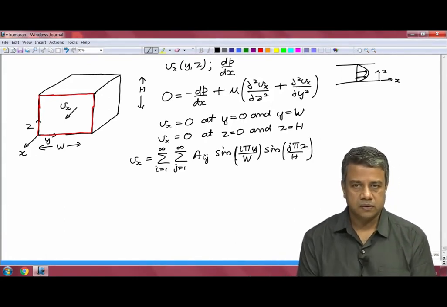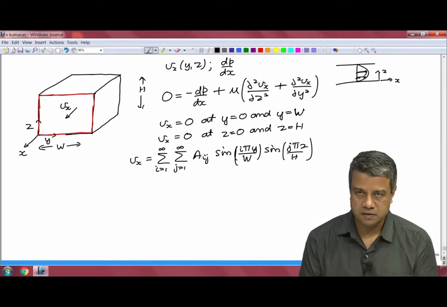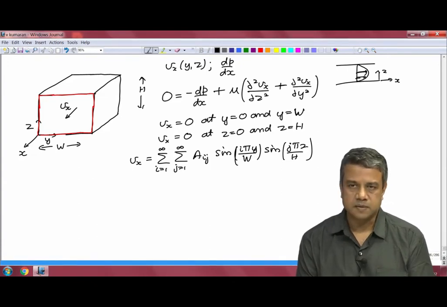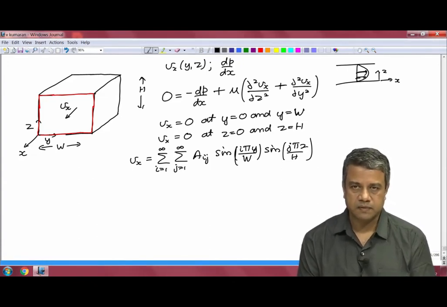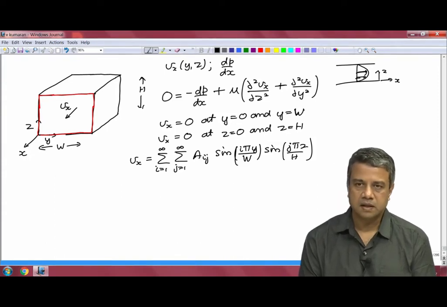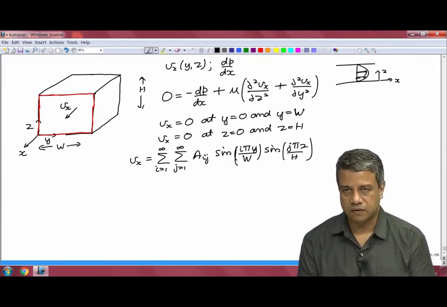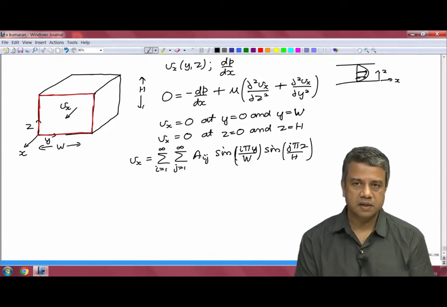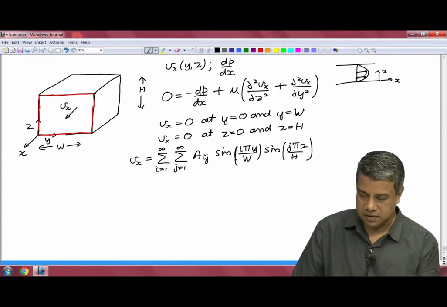You recall that I told you that these eigen functions are orthogonal, they span the space. That is, any function can be expressed as the summation of a coefficient times these functions, and those coefficients can be determined from the orthogonality relation.